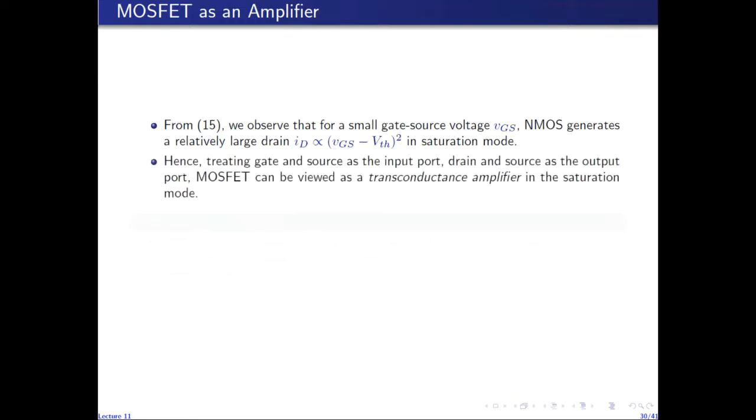So like I said before, if we treat the gate and source terminals as the input port and drain and source terminals as the output port, then the drain current becomes the output current and VGS becomes the input voltage. So for a given input voltage VGS, we get an amplified output drain current. So a MOSFET can be viewed as a transconductance amplifier when it is operating in the saturation mode because it produces large output current corresponding to a given input voltage.